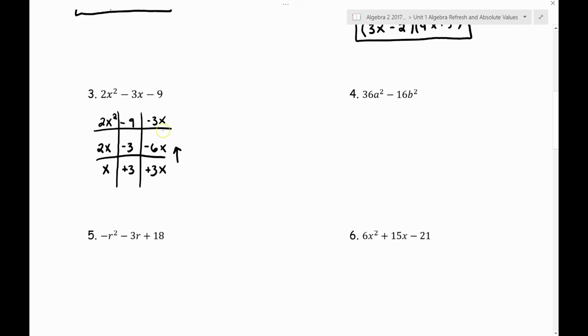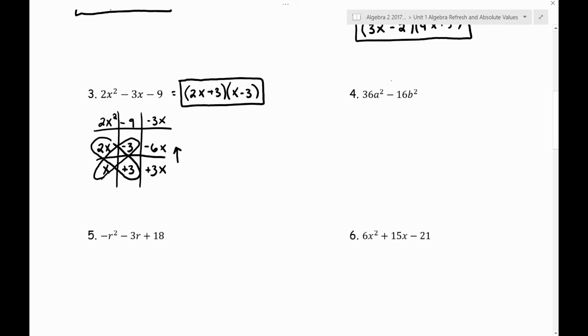Well, that adds up to negative 3x. So my factors are on the diagonals. So this is equal to 2x plus 3 times x minus 3. And that is the factored expression. These two are equivalent.